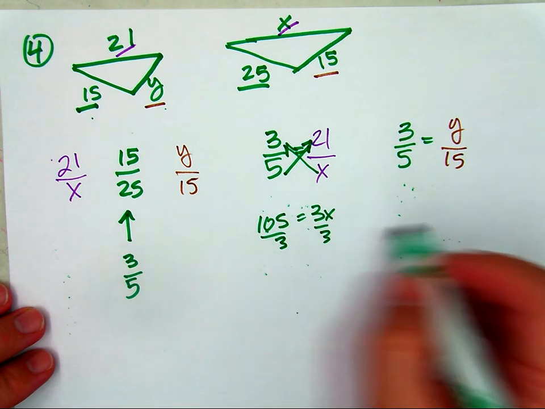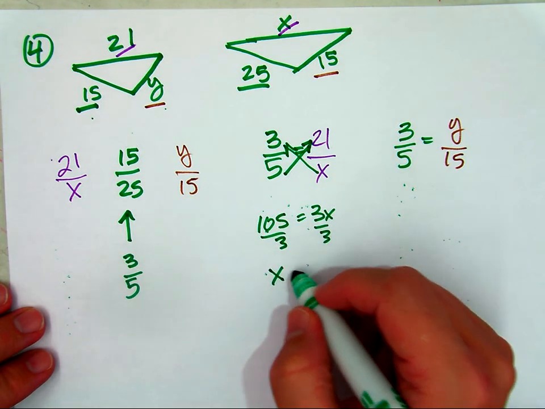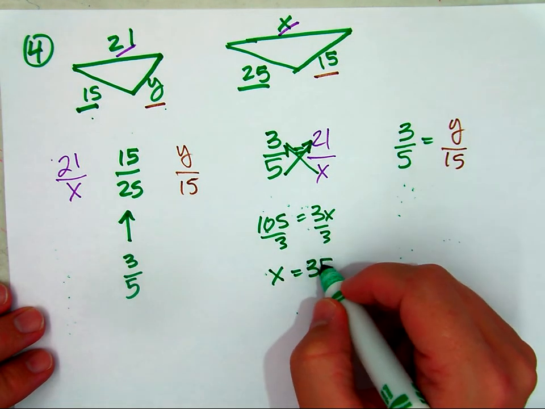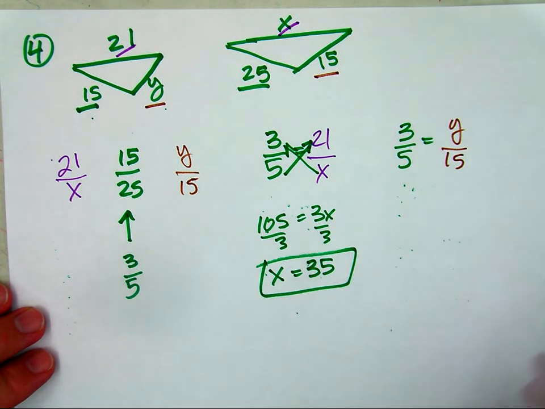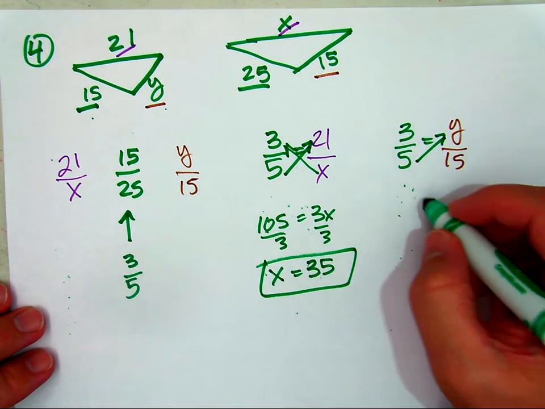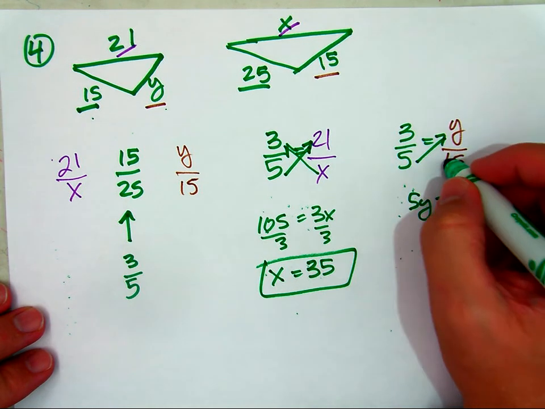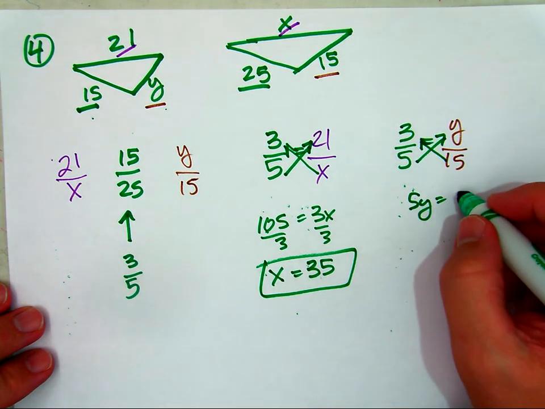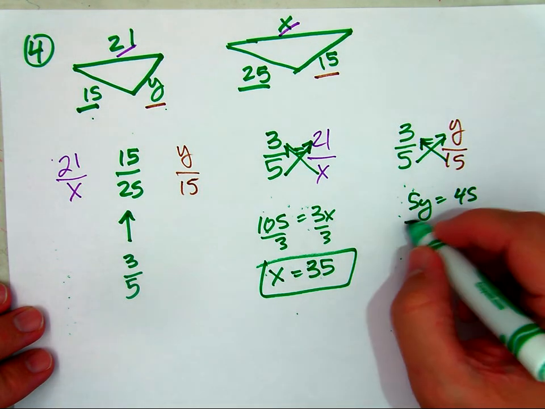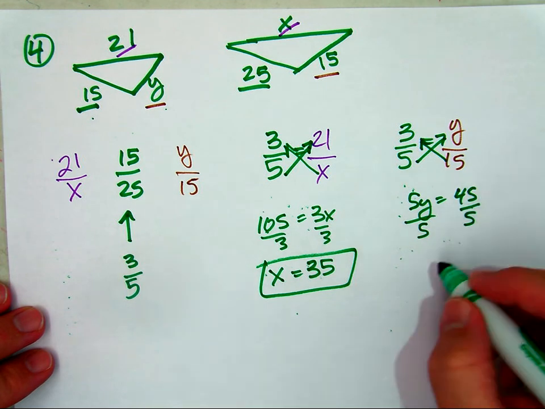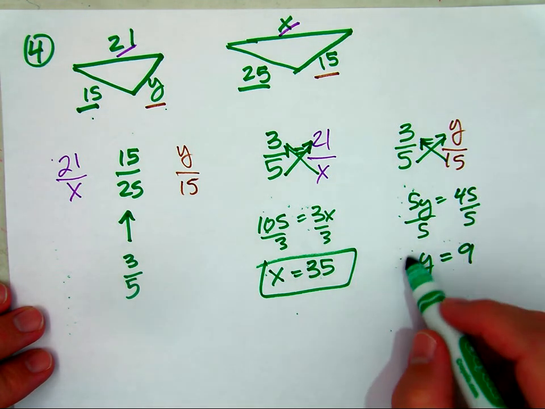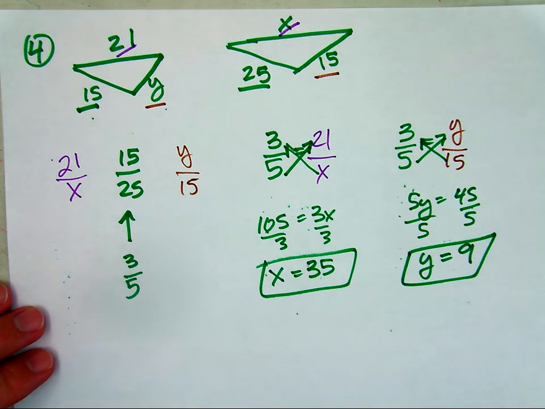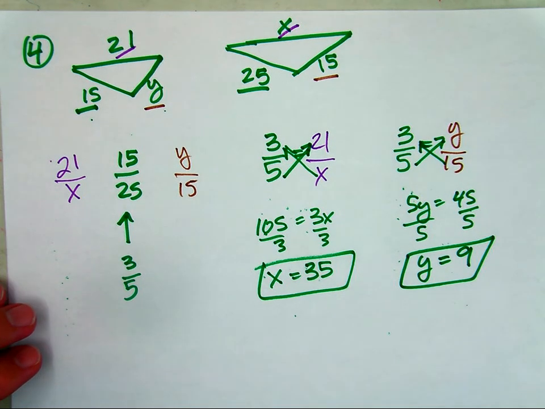Divide by 3, and I'll get x is equal to 35. In this case, I have 5 times y is 5y. 3 times 15 is 45. Divide by 5, and I get y is equal to 9. So that's the two missing parts of this diagram.